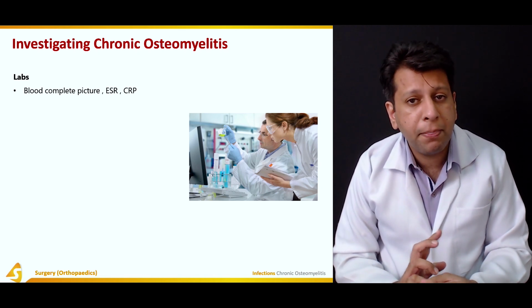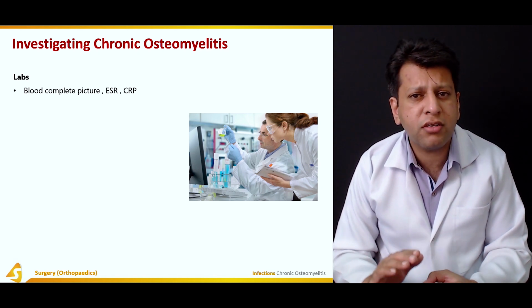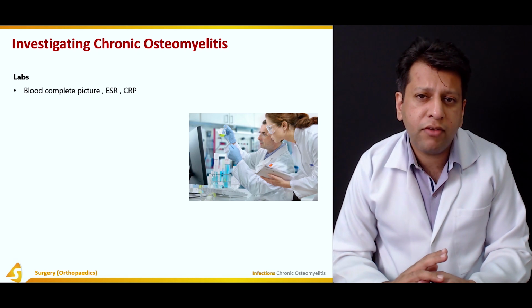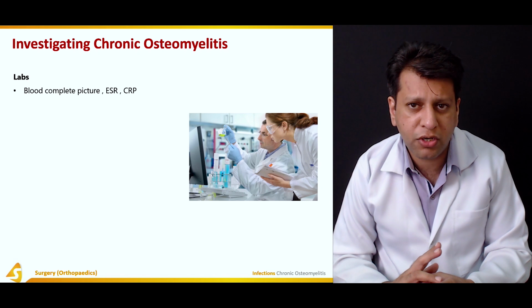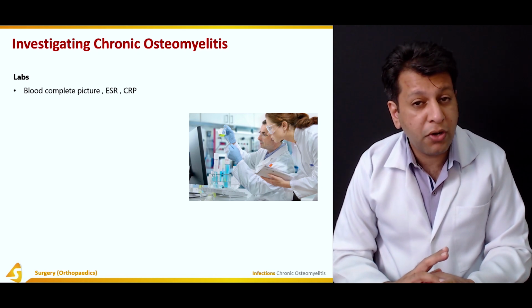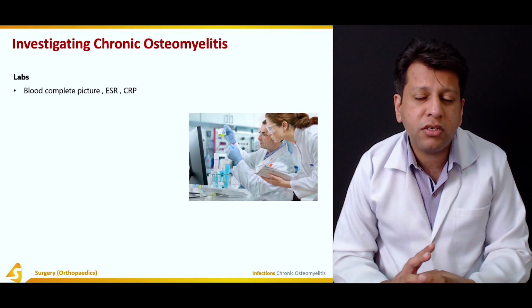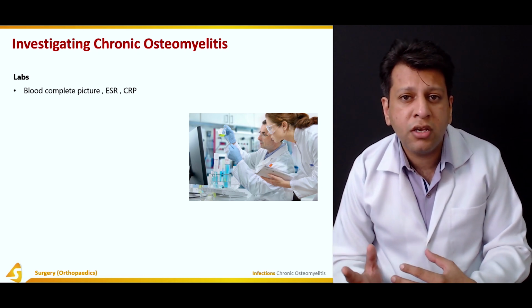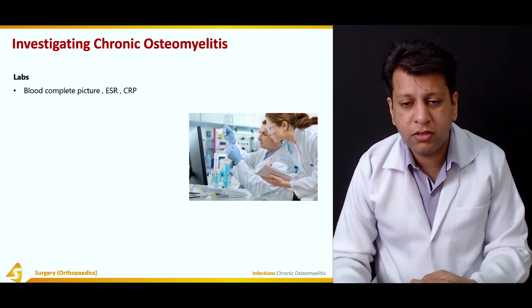The TLC may be normal, but in the differential leukocyte count, there will be a high amount of lymphocytosis. ESR would be raised. CRP may or may not be raised, because usually CRP rises in acute settings, but it may still be above the value of 6.